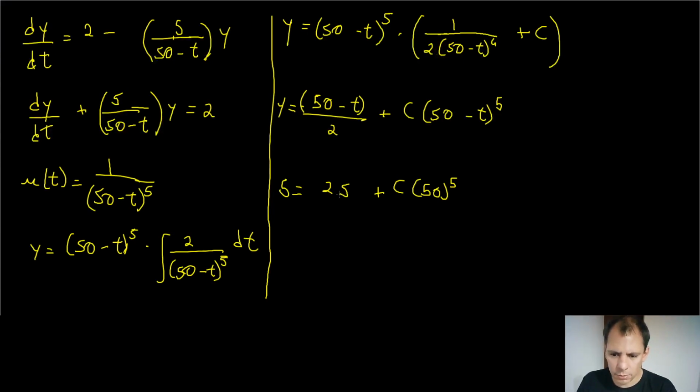Now what I'm going to do. I don't know if I should do this. I don't think I'm going to leave it this way. Okay, let's do C. 5 minus 25 is minus 20 divided by 50, Jesus, 50 to the fifth. This is C, right?